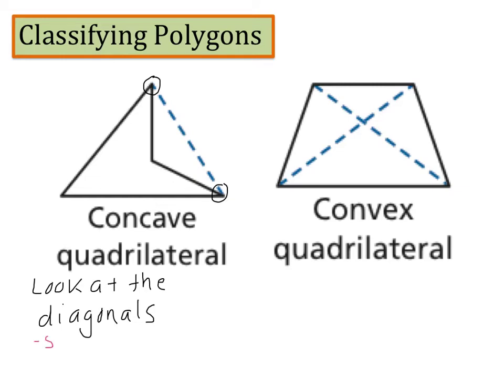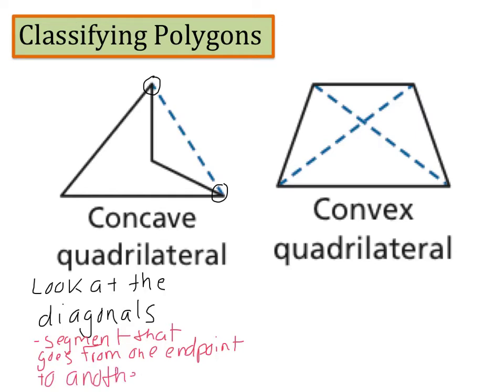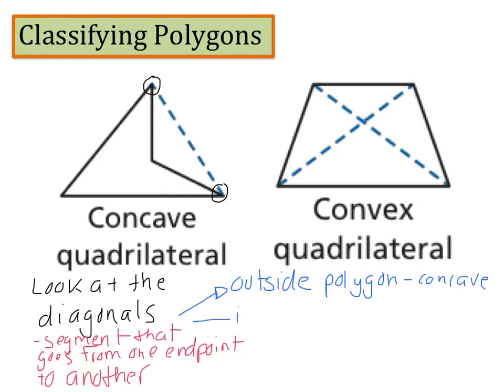So, if that diagonal can go outside of the polygon, we say it's concave. Now, if all of them are inside the polygon, we say it's convex.